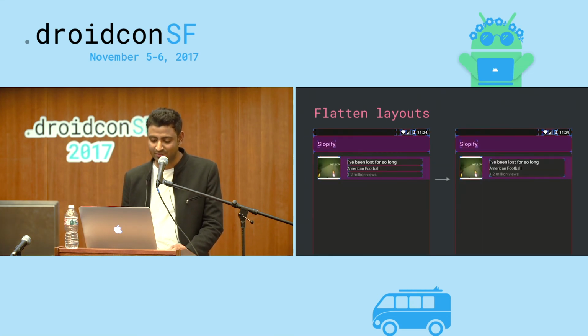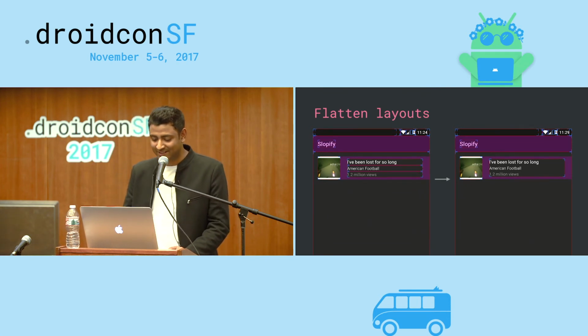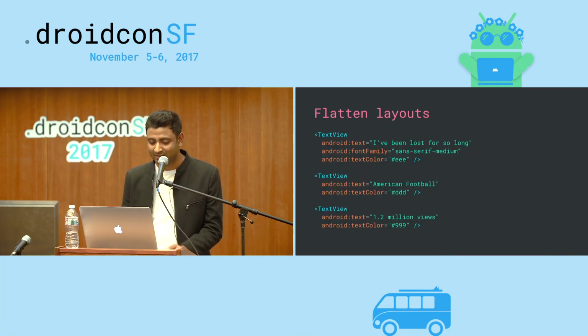Another use case where spans can be really useful is flattening layouts. In this hypothetical music app that happens to be very famous in Sweden, instead of using multiple text views for displaying text with varying styles, that is, they only vary in the font family or size or color, etc., we can replace many text views with a single text view.